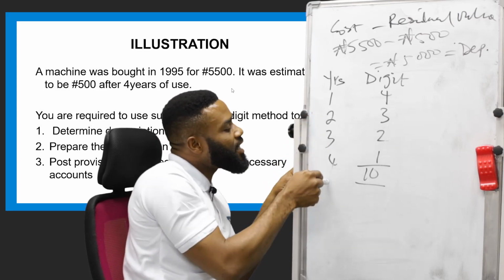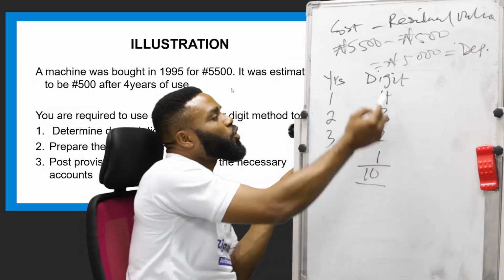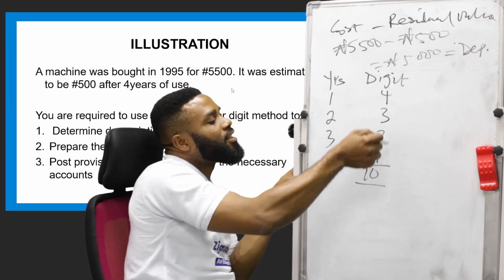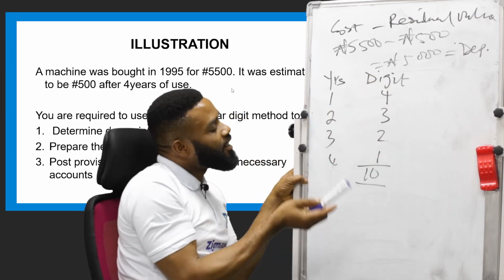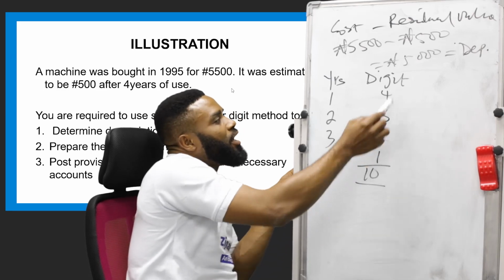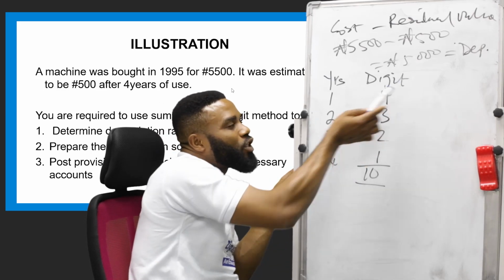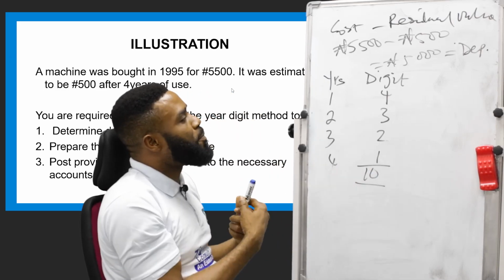So if the asset is 10 years, you are still going to start from 10, 9, 8, 7, 6, and so on down to 1, and then you add this up. We are interested in just the digit addition. Now, if you have understood this, let us make progress.